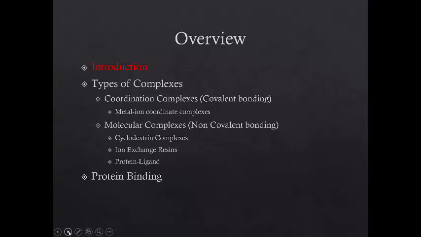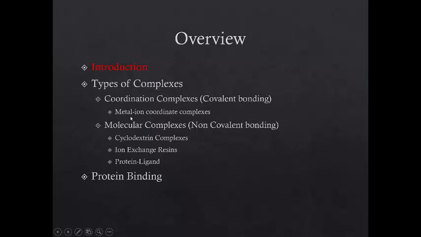And then we're going to go into the types of complexes we see, which includes coordination complexes, which is covalent binding, versus molecular complexes, which is non-covalent binding. The coordination complexes, the covalent binding, we're going to talk about metal ion complexes.